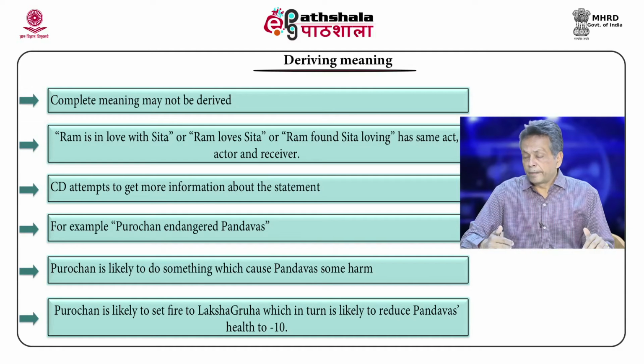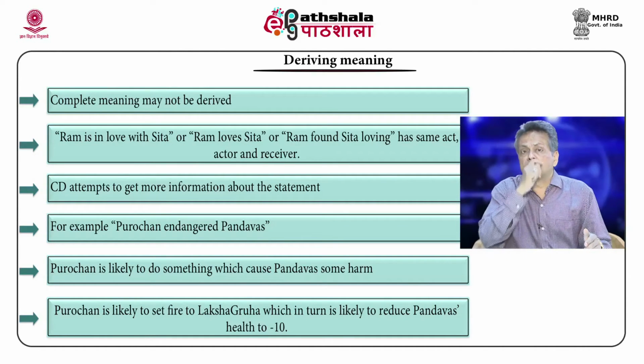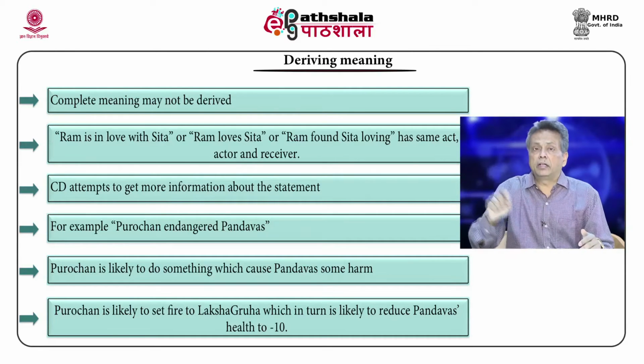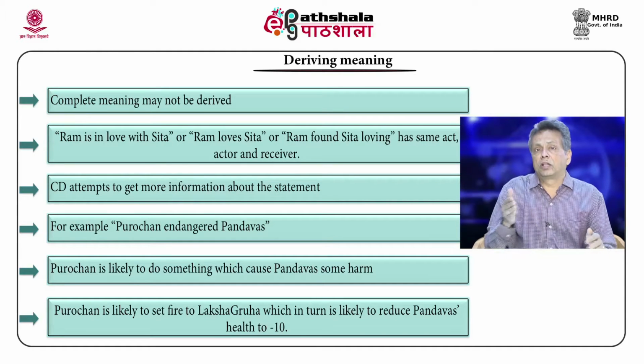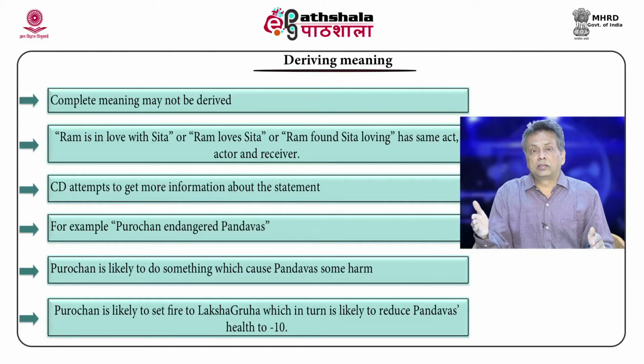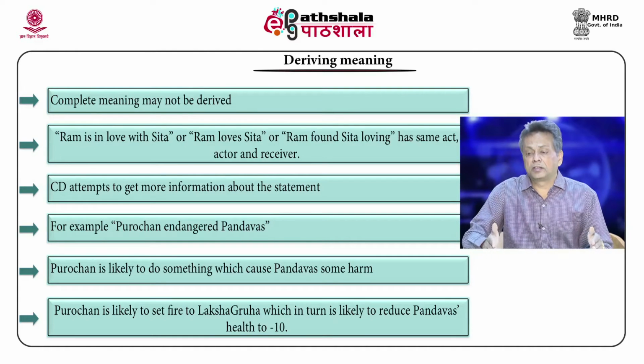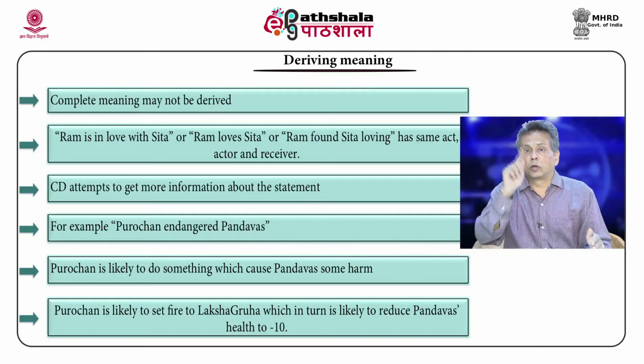For example, one typical example I could quote from Mahabharata is "Purochan endangered Pandavas." Now, this is a statement that you probably encounter while reading. The meaning that CD gets out of this is that Purochan tries to do something which reduces the Pandavas' health, and that is a very important representation, because it involves something which is a question mark.